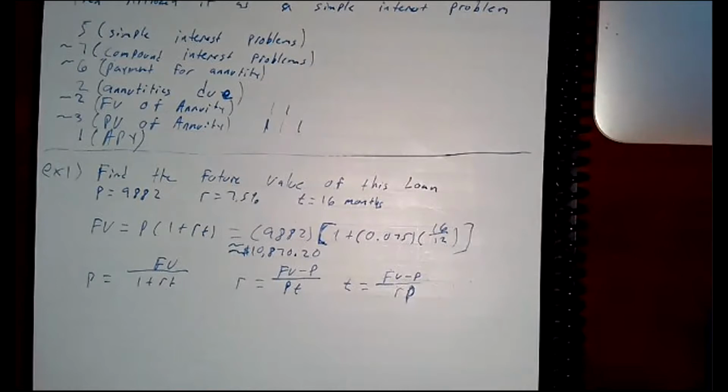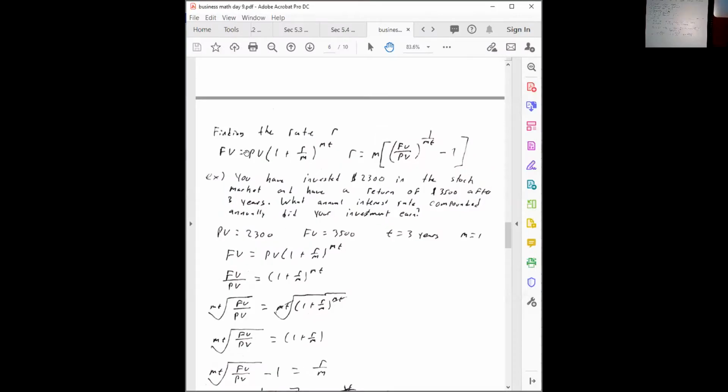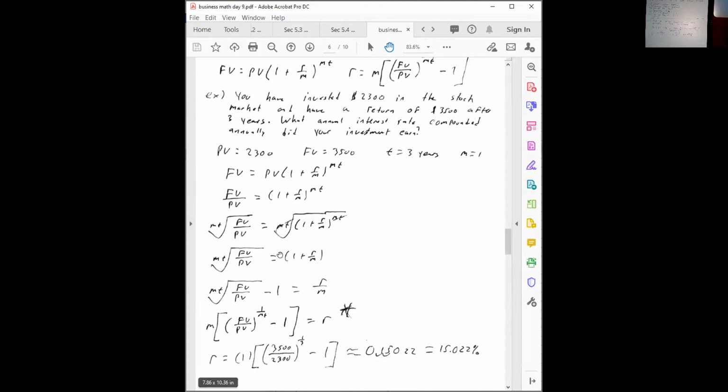Here it is. So I made these formulas for you. I don't know if you remember. So it's in the notes from day 9. You remember this? How the original for compounding is this guy, but I solved for rate using algebra. So I did all that work over here.